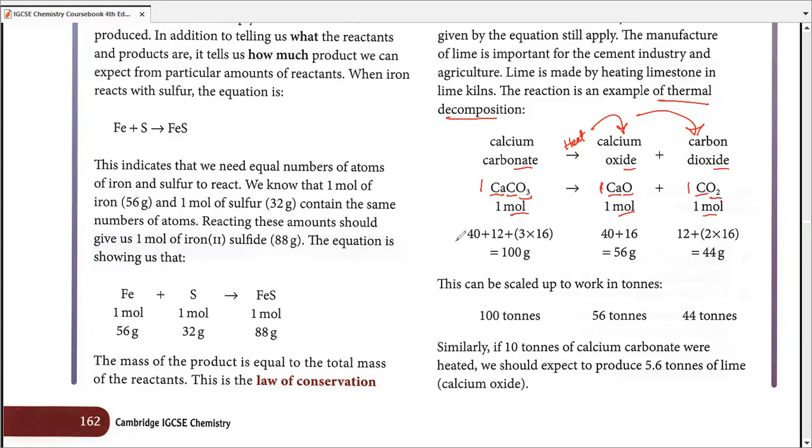So if we work out the MRs, the Mr for calcium carbonate is 100, that for calcium oxide is 56, and for carbon dioxide is 44. If we take these values simply in grams, it would be really understandable for us. As per the previous example, we are literally doing the same in this example. I hope you get the idea, right?